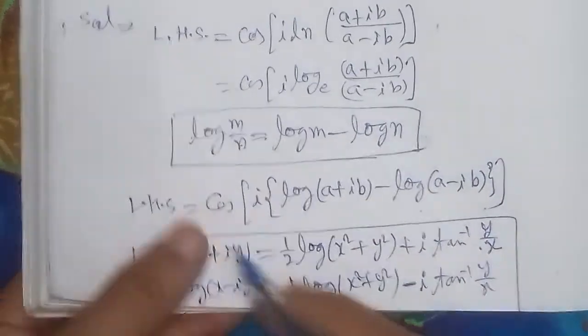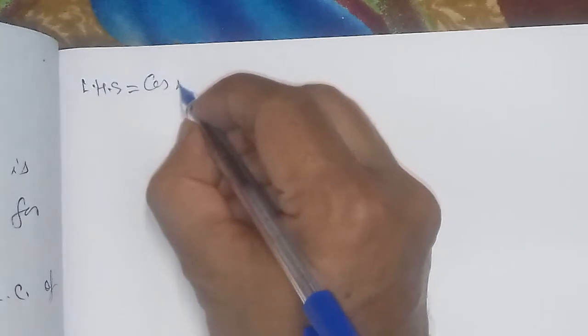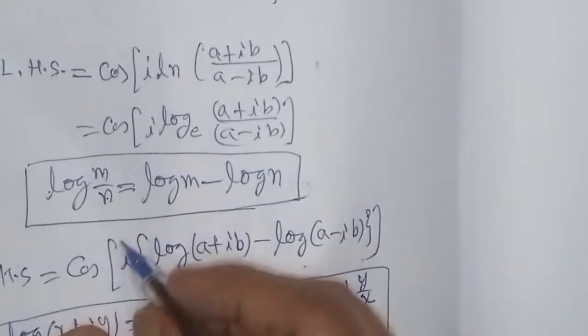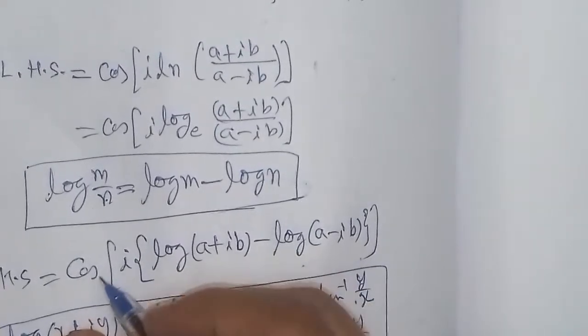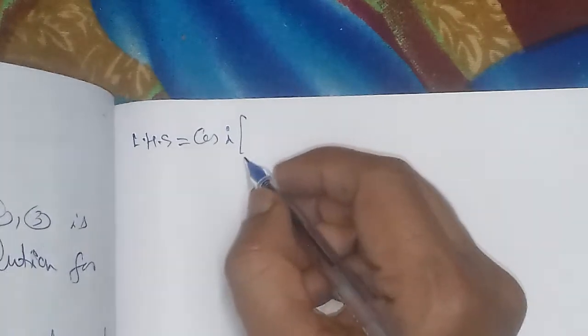So we get left-hand side equal to cos of i, and I write i outside the square bracket.